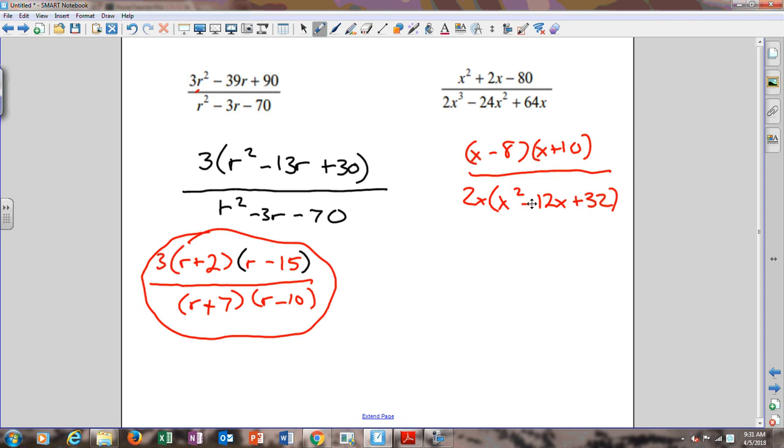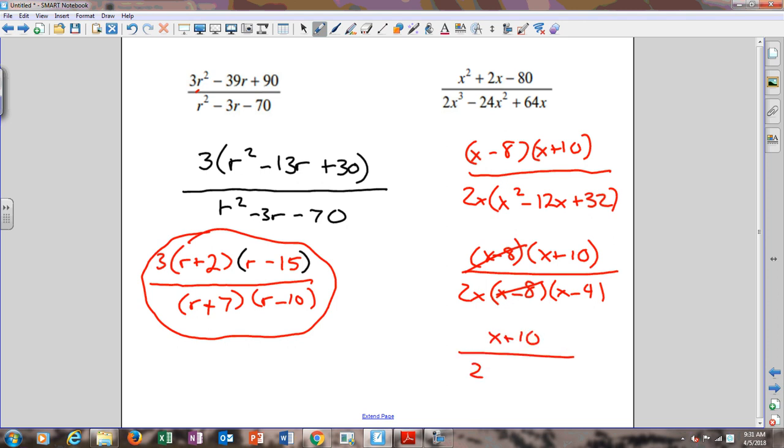Now if this is a plus and this is a minus, then that tells us that this needs to be a minus and a minus inside of here. x minus, x minus. What multiplies to 32 and adds together to give you a negative 12? It would be a minus 8 and a minus 4. Now your x minus 8s cancel out. You're left with x plus 10 over 2x times x minus 4.